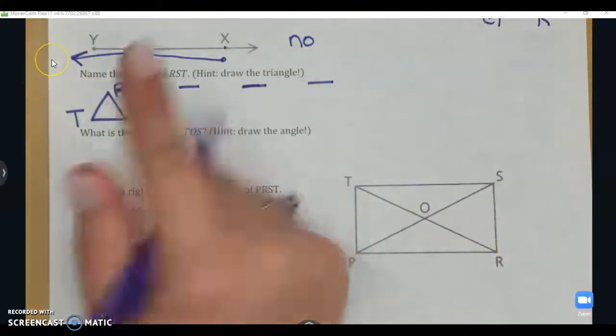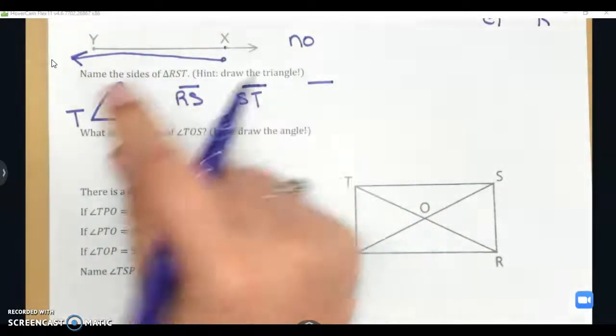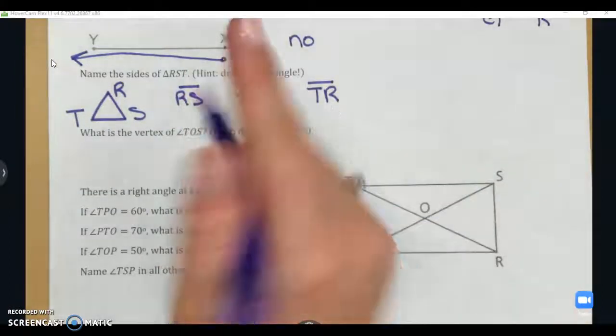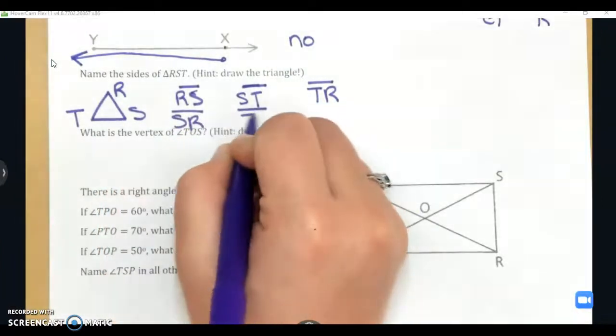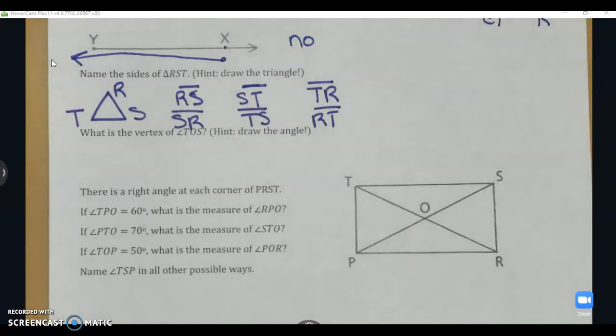So our three sides, we've got RS, we've got ST, and we've got TR. Now, those three segments, I could also name the other way around. I could call this SR, TS, or RT. For segments, you're naming it with the endpoints, but the order does not matter. They're the same segment either way. Same with lines. The order doesn't matter.